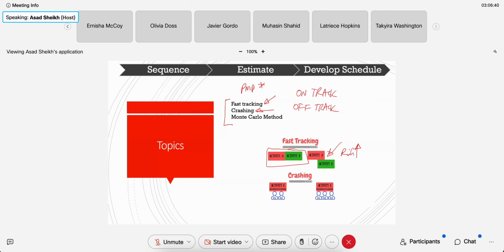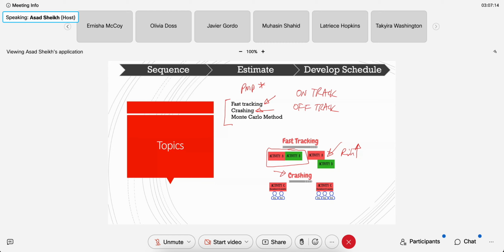Risk goes up, right? But that's one way of fast tracking if you're falling behind. But the risk is that it can cause issues when you start to do things in parallel, when you were not originally scheduled that way. The other way to improve your schedule is to crash the project.